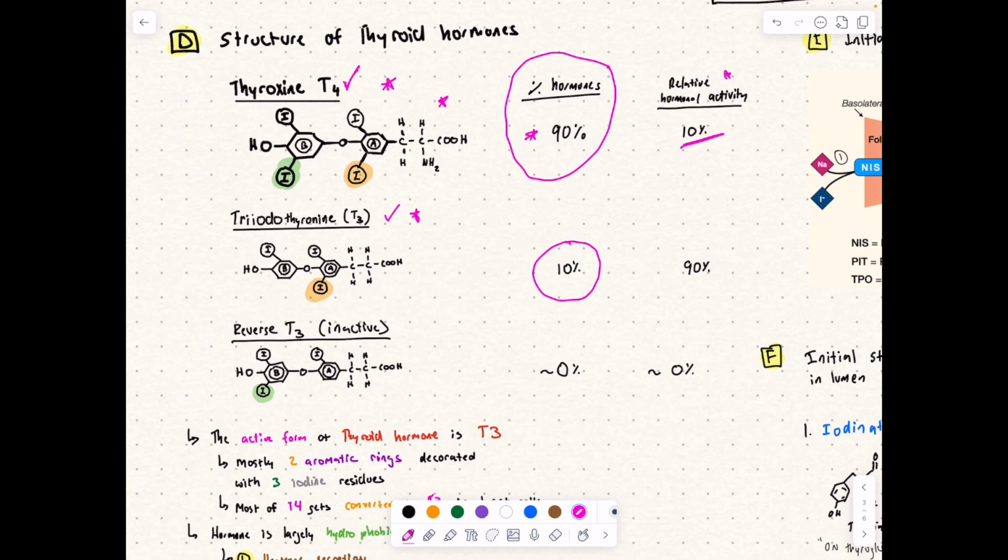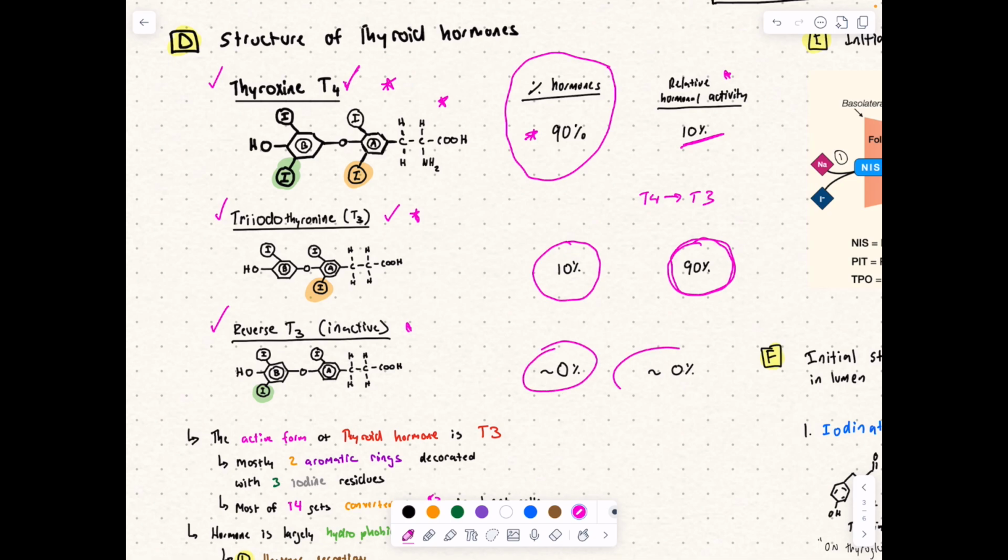T4 will be converted to T3 in the target cells, but T3 is doing most of the activity. And then, as we'll talk about, the cleavage of T3 and T4 from the thyroglobulin that makes up the colloid, we'll find out we have T4, T3 gets cleaved, but then sometimes you also get reverse T3, and this is the inactive form.